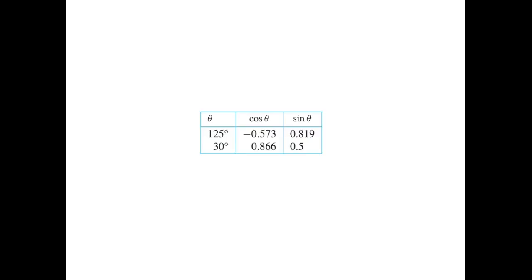For 30 degrees, cosine was 0.866, sine was 0.5. We used them well. Here's the triangle inequality. For any two vectors, V and W, and this is always true, folks, any two vectors V and W, let me blow this up. This is important enough to blow up, okay?